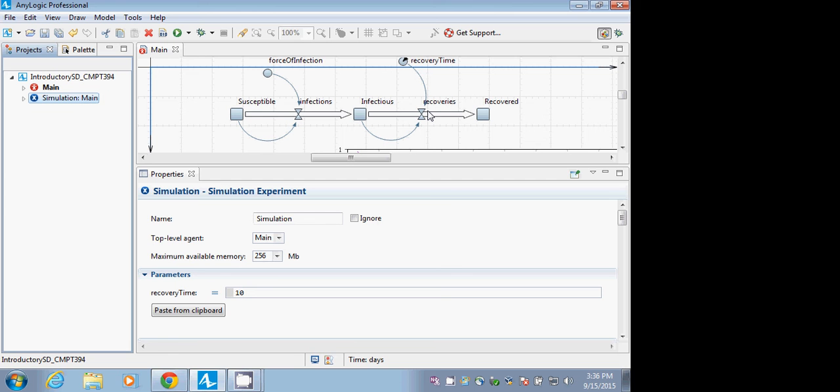Recoveries. And so for it to decline, for the number of infectious people to decline, what must be the case? What must be greater than what? Infections, yeah. The number of people per unit time recovering must be greater than the number of people getting infected. Is that possible, do you think? Yeah, because at some point the number of susceptibles is going to get very low, right?